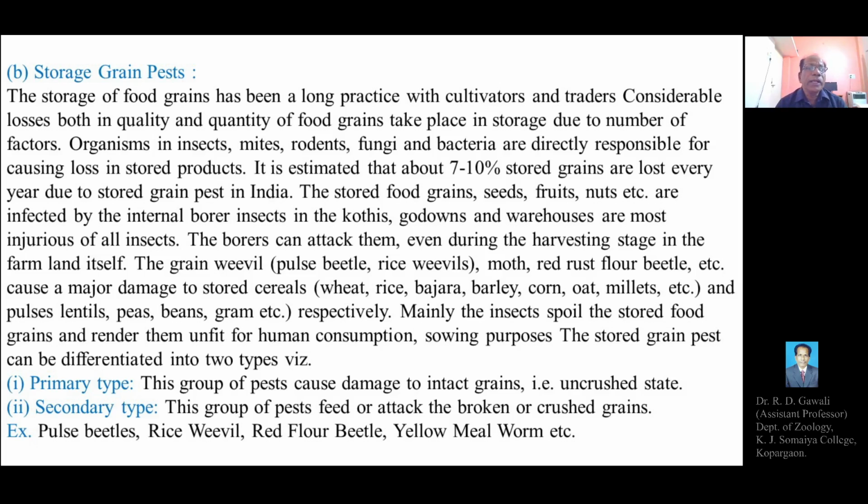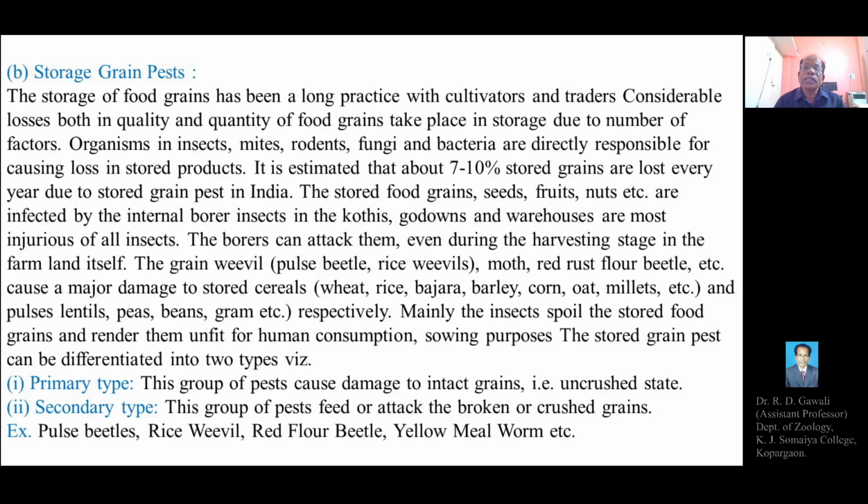Then pulse, lentils, peas, beans, grams, etc. So these are the different types of food grains and cereal grains which are infested by a variety of stored grain pests, causing their loss or damage.